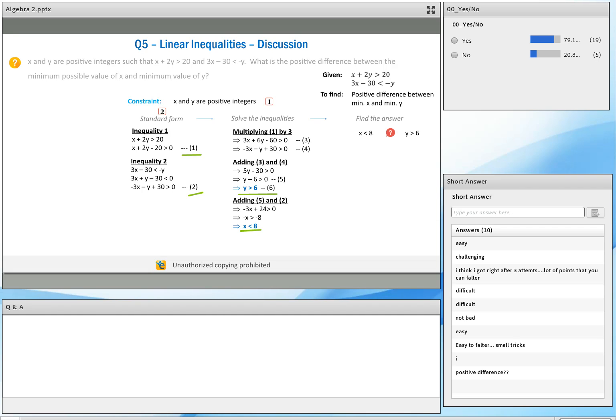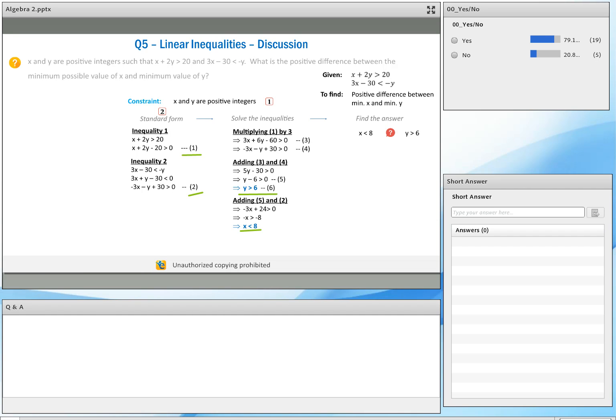Now, the next question is, we need to find out the positive difference between minimum value of x and minimum value of y. Now, what is the minimum value of x if x is a positive integer? If x is a positive integer, then the minimum value of x is 1. It's a positive integer, not a non-negative integer, which means that 0 is not the smallest value here. 1 is the smallest value.